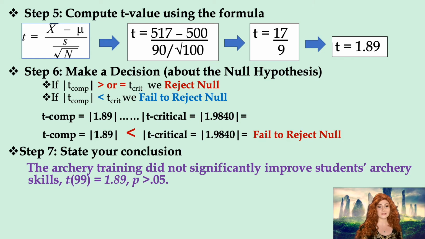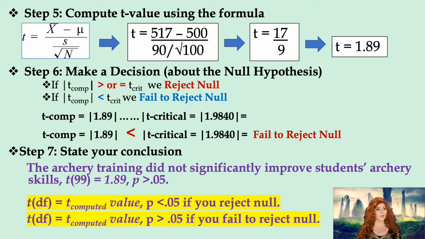So I'd like to bring your attention to the very last part of this conclusion statement. After I state my conclusion, right, there are no differences between the students who took archery training and those that did not, or the archery training did not improve students' archery skills, then I'm going to put a comma, after which I'm going to put the letter T because this was a one sample t-test.